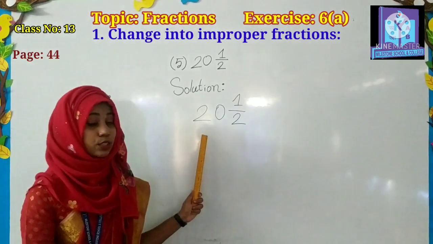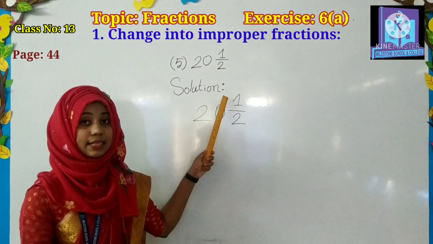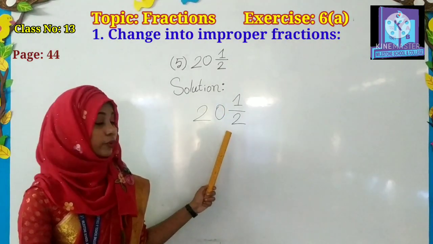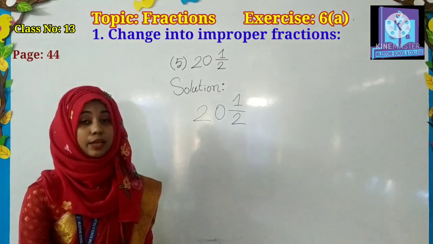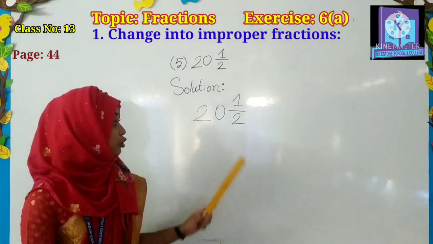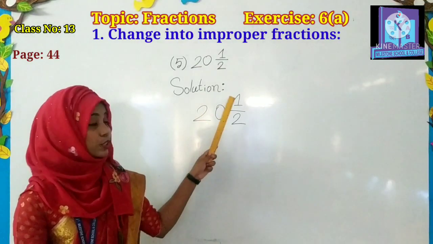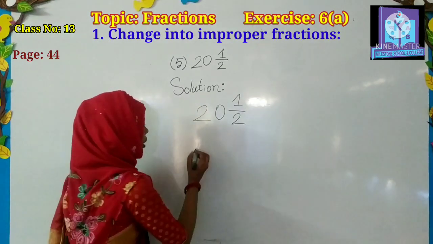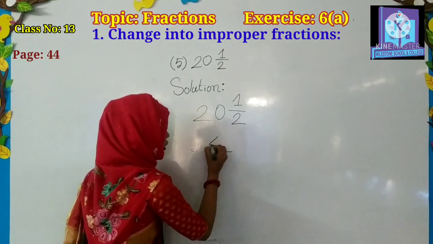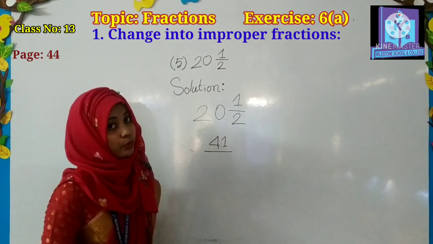Here 20 is whole number or integer and 1 is numerator and 2 is denominator. Now we will convert this into improper fraction. So 20 2s are 40. 40 plus 1, 41. Okay. Now our numerator is 41 and denominator will have no change.